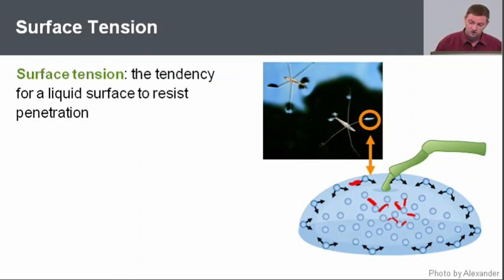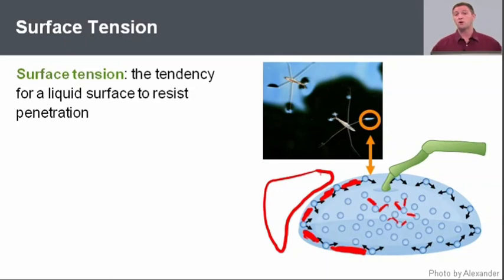But along the surface, you get interactions which form this delicate skin. There's nothing to interact with over here, so they pull on each other at the surface even stronger than on the interior. This is how water droplets get their spherical shape.